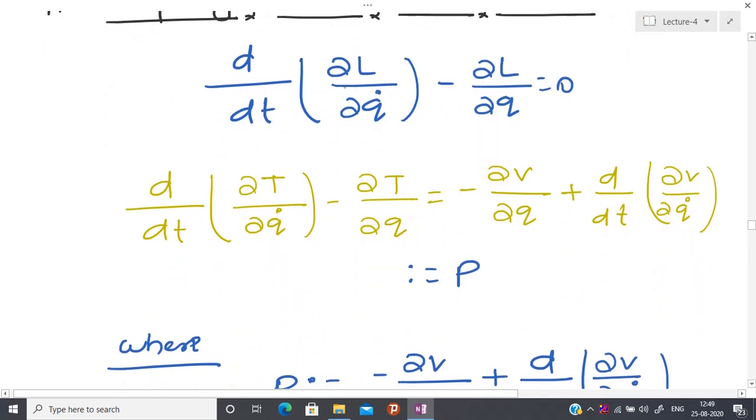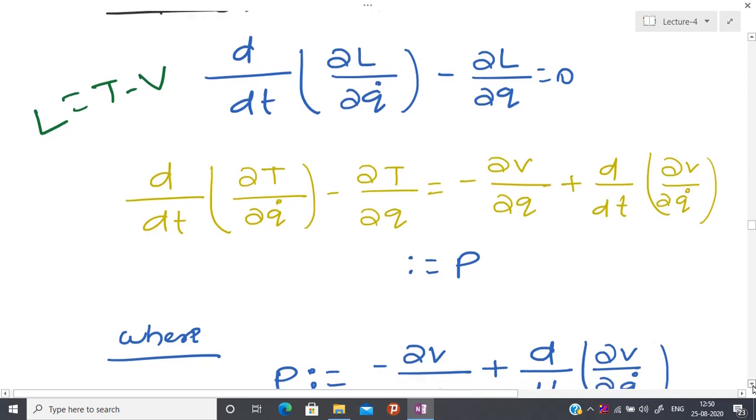So what is the observation here? L is the difference of kinetic energy minus potential energy, and in this lecture I have defined potential energy as V. So L is T minus V, and if I substitute T minus V in place of L, then I will get this kind of equation.